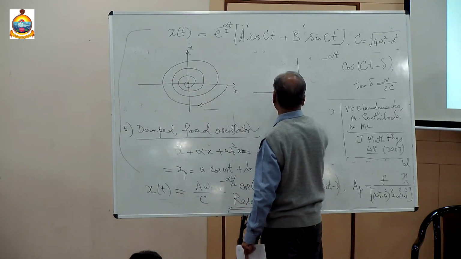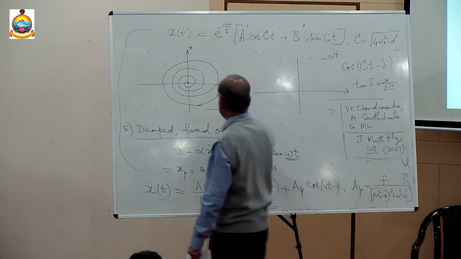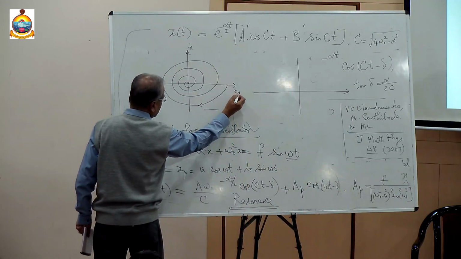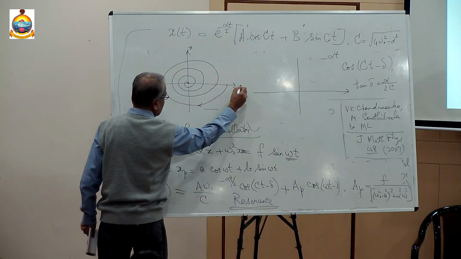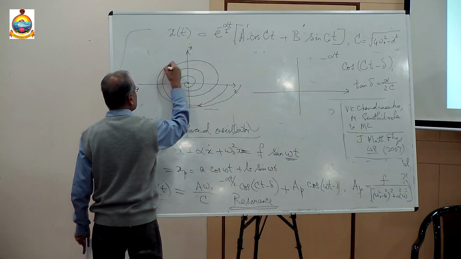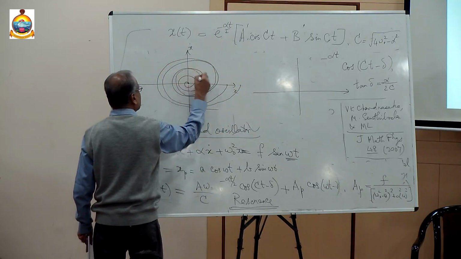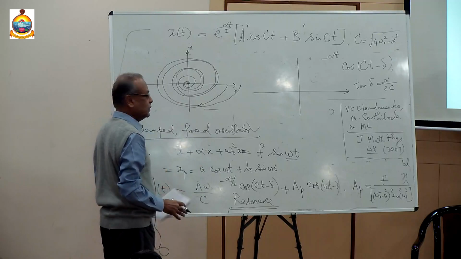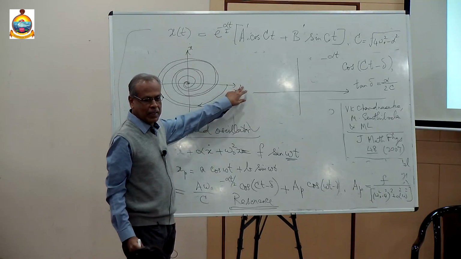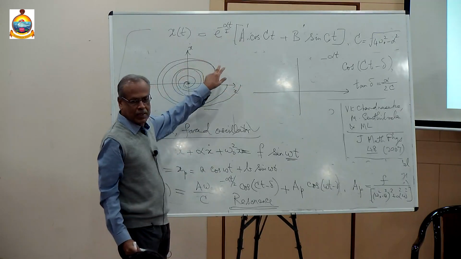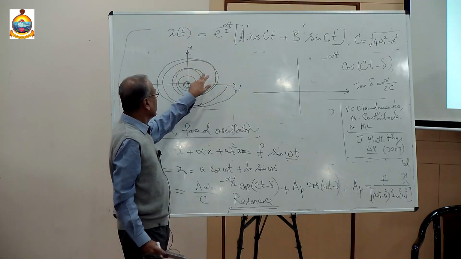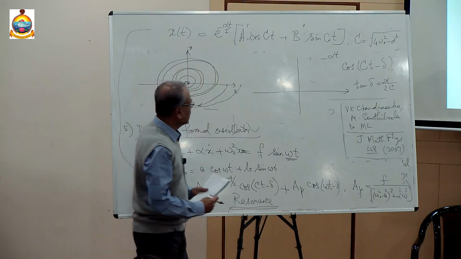For the damped forced oscillator, you can also see, even if you start from somewhere else, again it will start oscillating, and ultimately it will approach the equilibrium point. So a change in the initial state will not affect the final state very much.